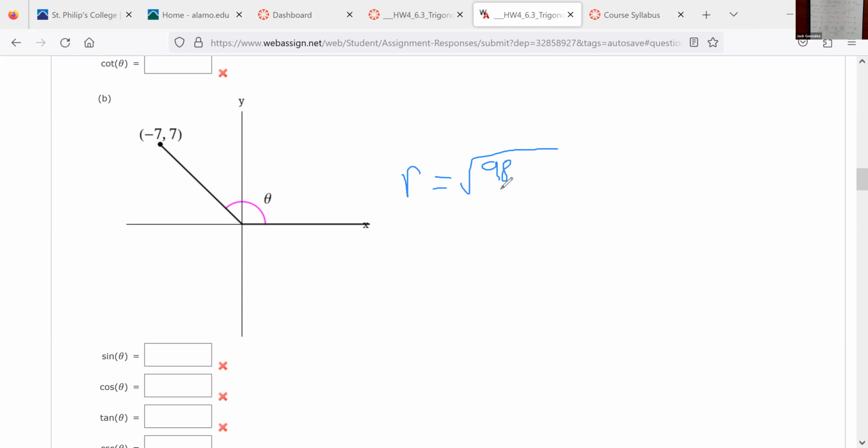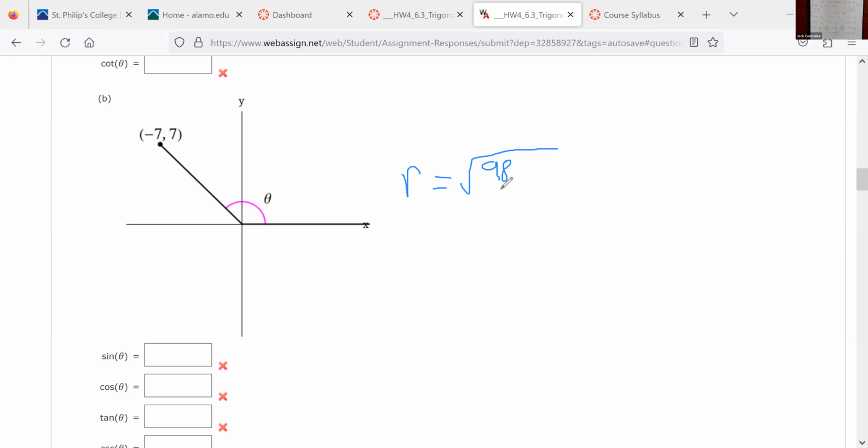Does 2 go into 98, or 4? Nope. I don't think it does. You can reduce it to 7 square root of 2, I think, right? This is what my calculator says.